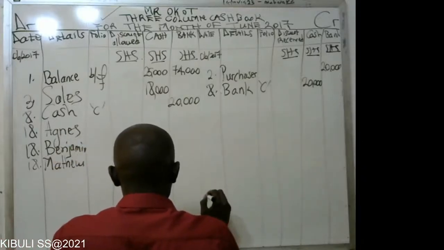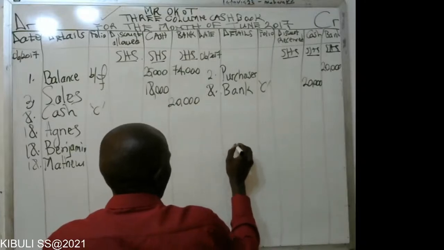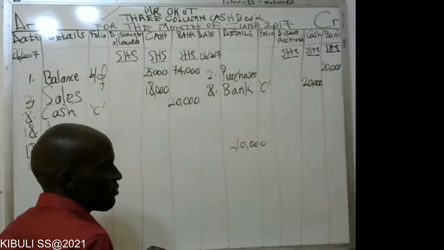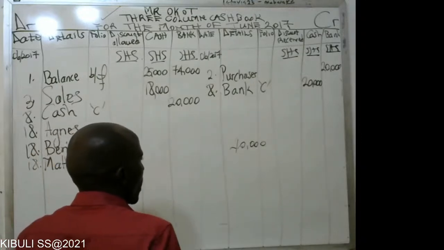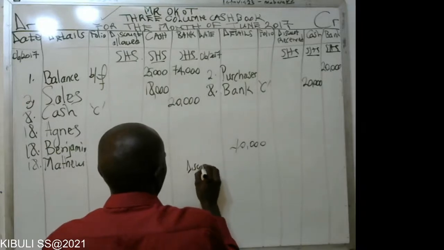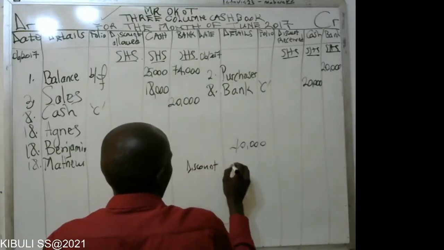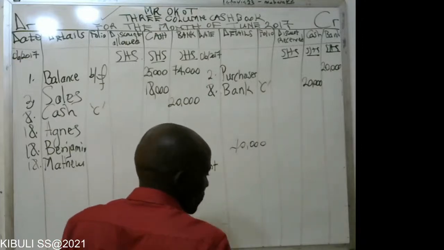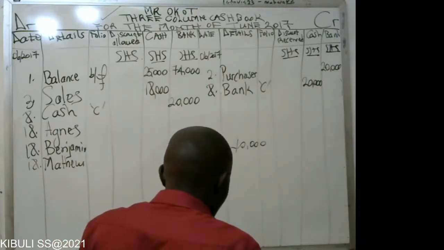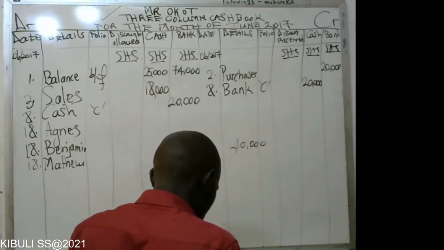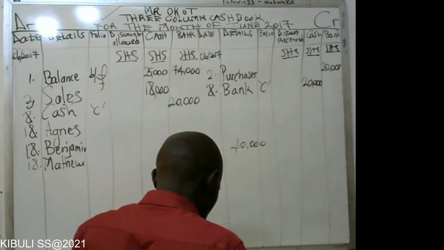So, originally Agnes was supposed to pay us 40,000. That's what Agnes was supposed to give us. But now we allowed a discount of 5 percent. And 5% is how much? Let's calculate here. Divide by 100 of 40,000.